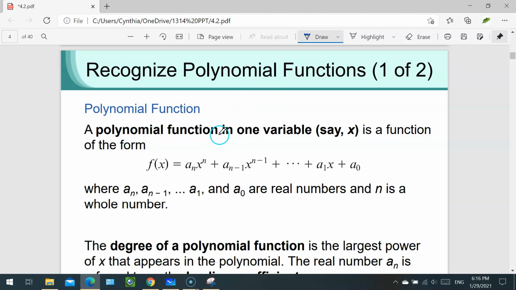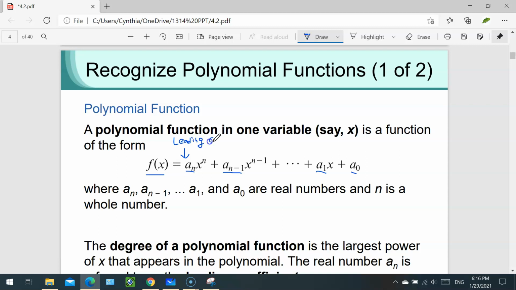A polynomial function in one variable, x, is a function of the form f of x equals a sub n times x to the power n, plus a sub n minus 1 times x to the power n minus 1, and so on, down to a1 x and a0. They are all coefficient numbers. And the a sub n we give a name: the leading coefficient.